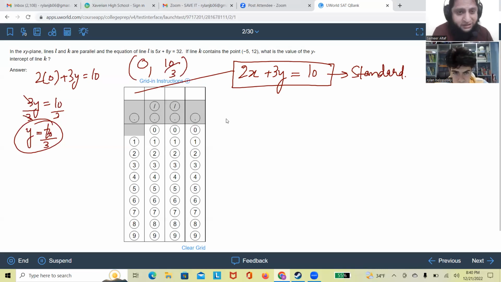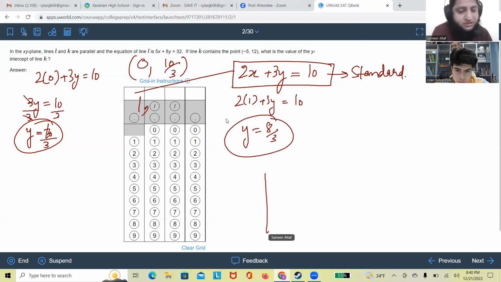How much will be y at that time when x is 1? It would be 8 over 3. Right. 10 minus 2 does 8, and 8 divided by 3. So y equals 8 over 3.